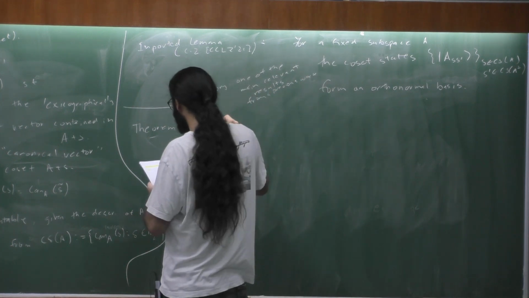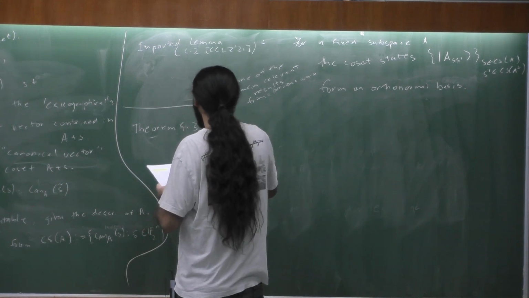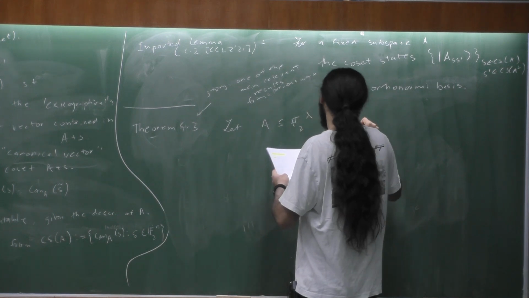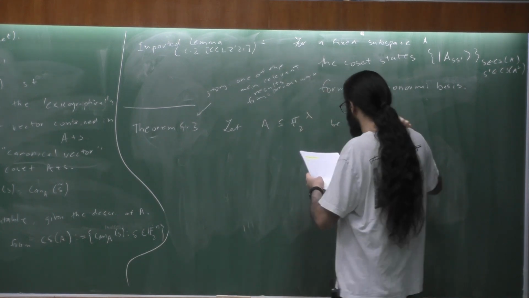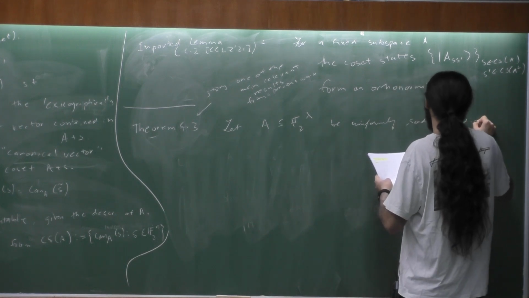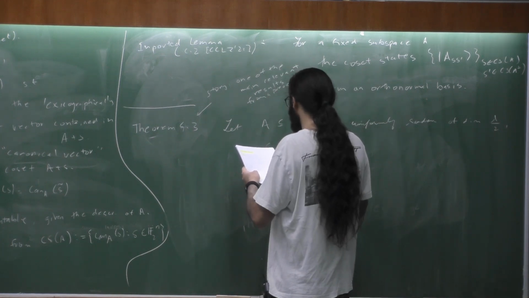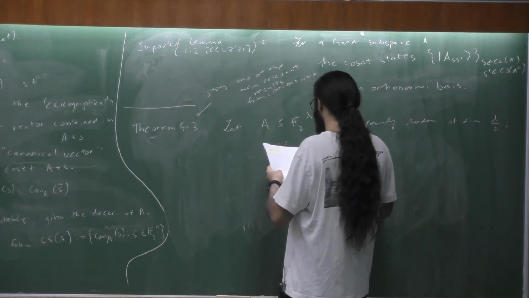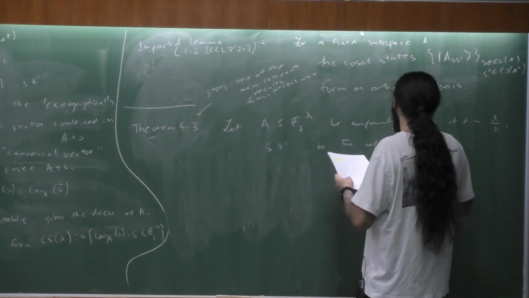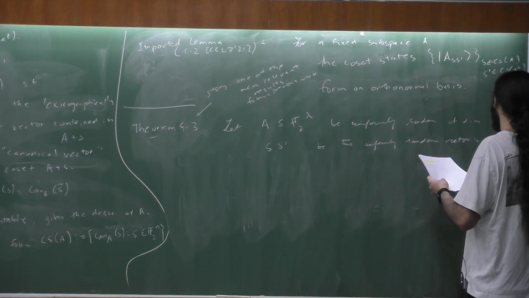Okay, so what does the theorem say? The theorem says the following. You let A be a subspace of dimension lambda by 2, uniformly random, and you take S and S prime to be two uniformly random vectors in F2^lambda.